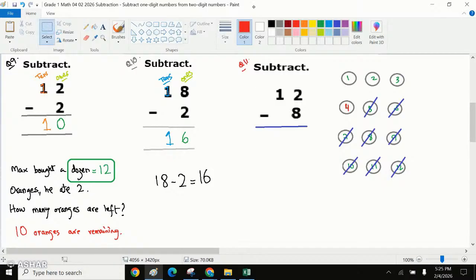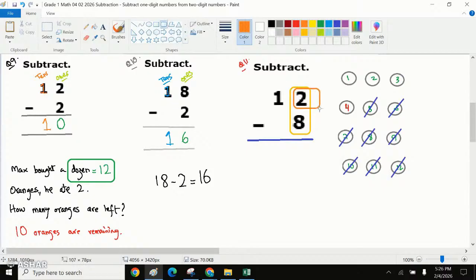But when we look at this question, once we are looking at the ones over here, the number at the top is 2.